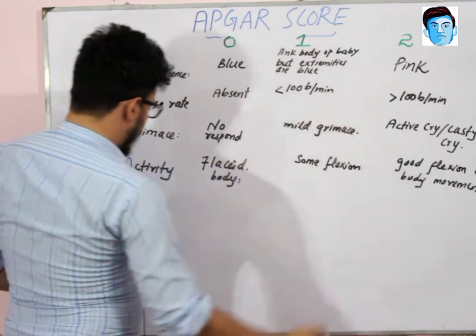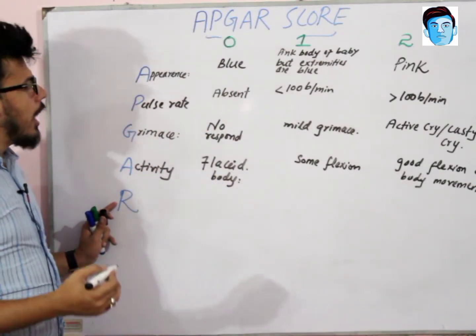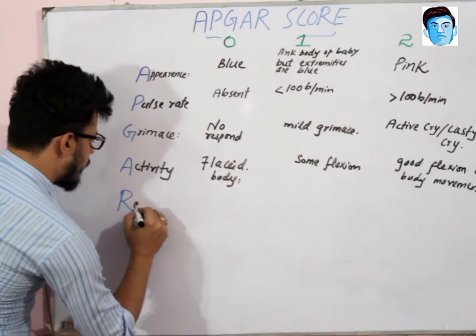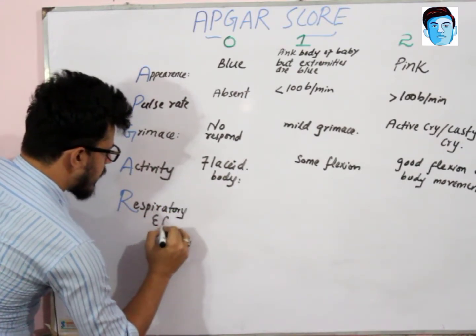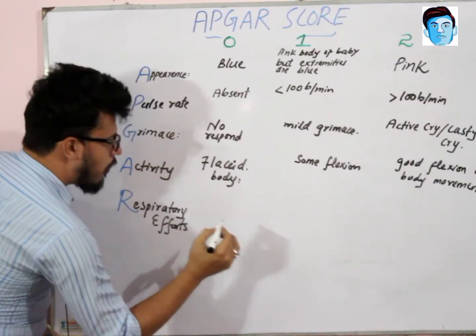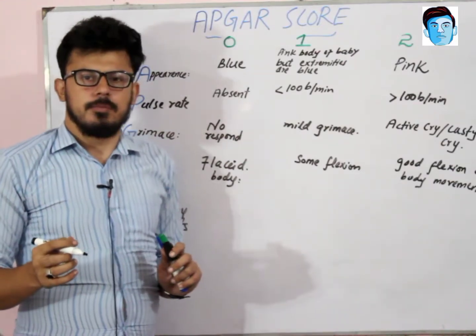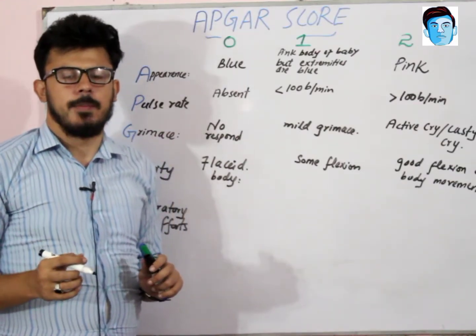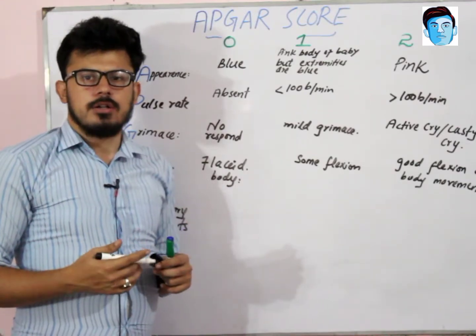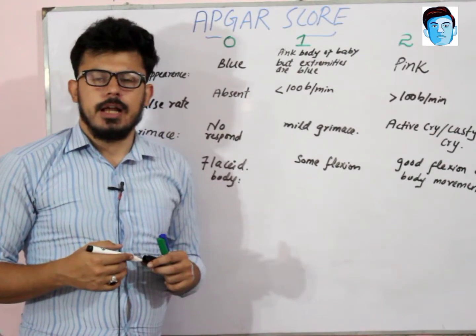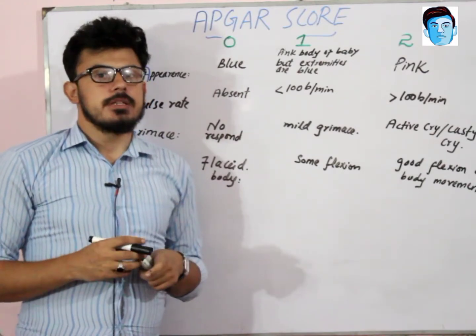Now coming toward the last component of the APGAR scoring, that is respiratory efforts. In the respiratory efforts, as I discussed earlier, we will be more focusing on the rhythm of a child rather than the rate of a child. If the rhythm is regular, that will be the best condition for a child.